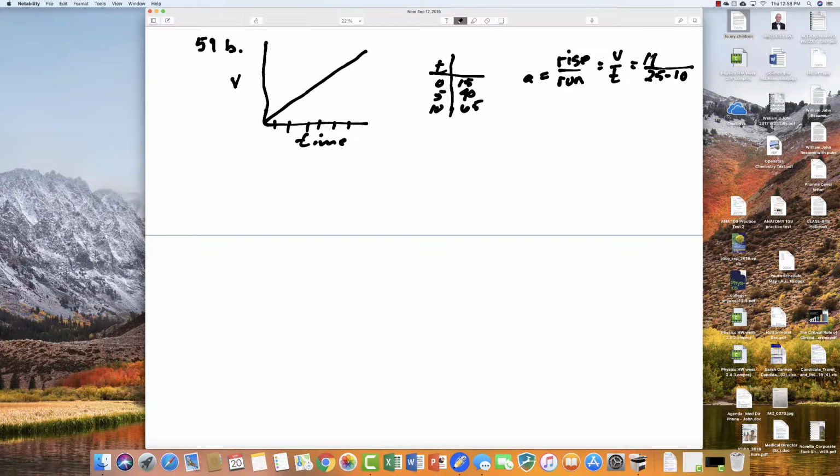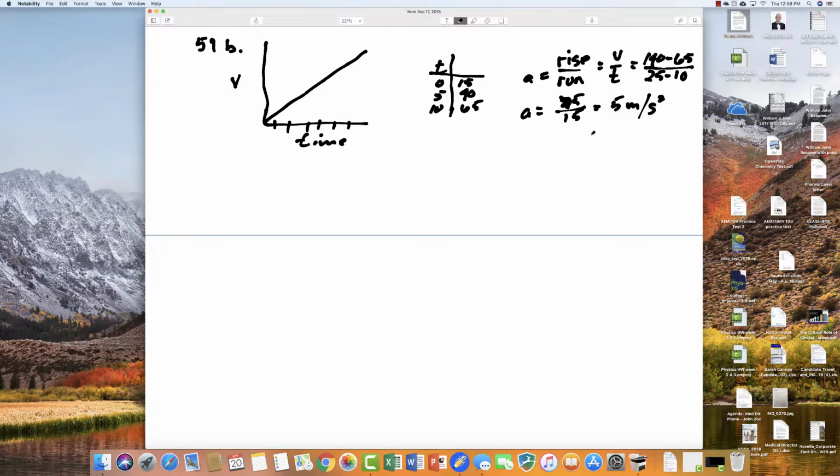So 140 minus 65, and it's going to be a positive acceleration because the graph is a positive graph. So a is 85 divided by 15... 75 divided by 15, which is 5 meters per second squared.